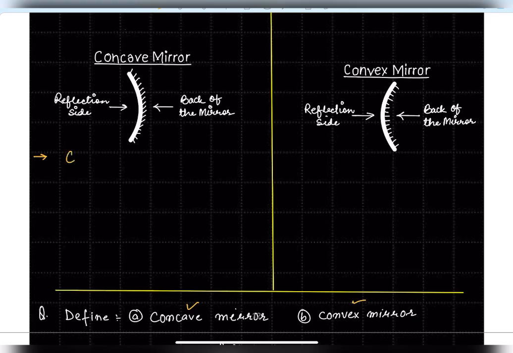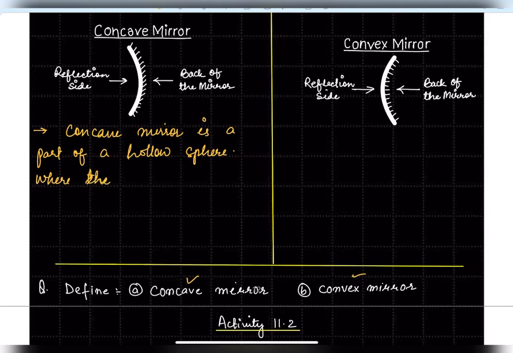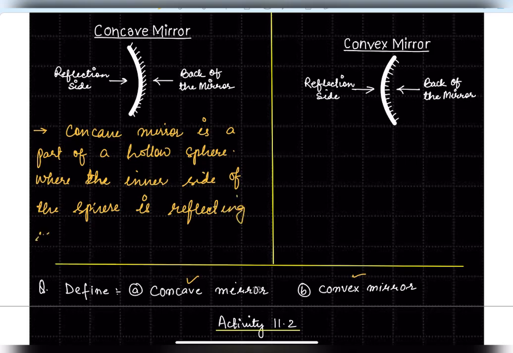Concave mirror is a part of a hollow sphere where the inner part or inner side of the sphere is the reflecting surface.